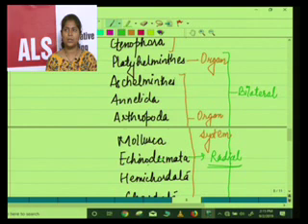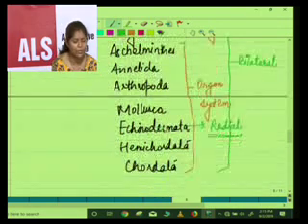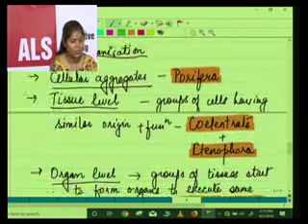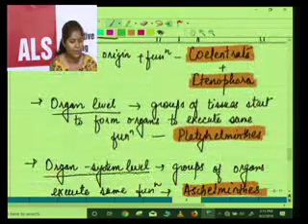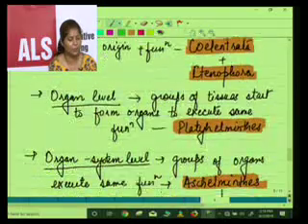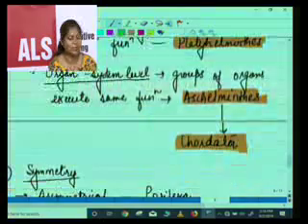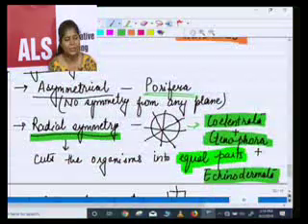Clear up to this? So these are 2 levels of classification. We talked about cellular aggregates, tissue level, organ level, and organ system level of organization. Next point that comes to our mind is symmetry.